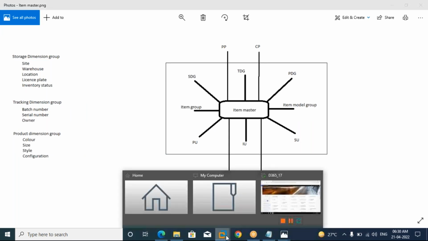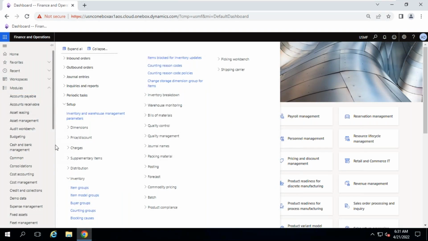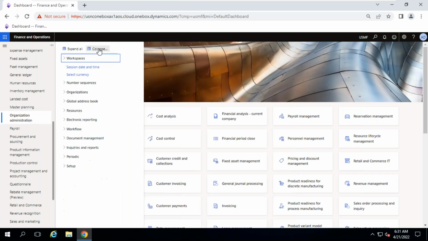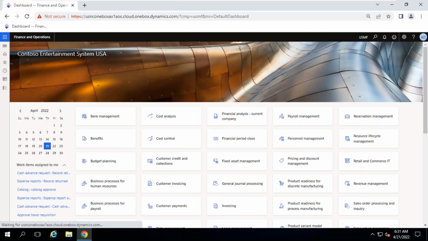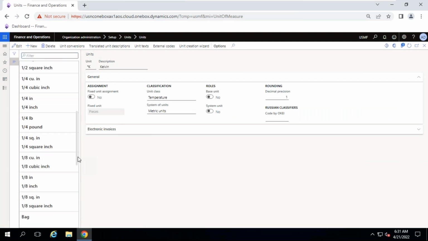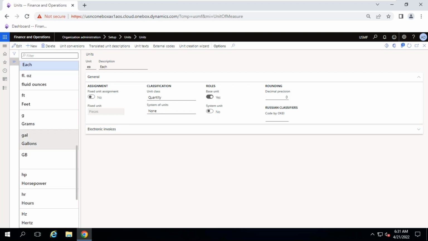We understood about all these characters. So where are units available? In organization administration, collapse all, setup, units. Here you can find all the units. Each, pieces, kgs, grams, milligrams.